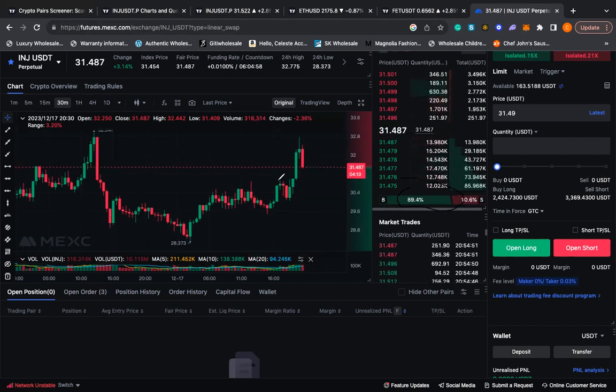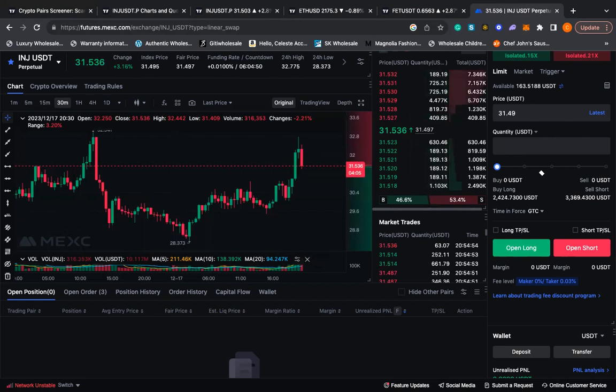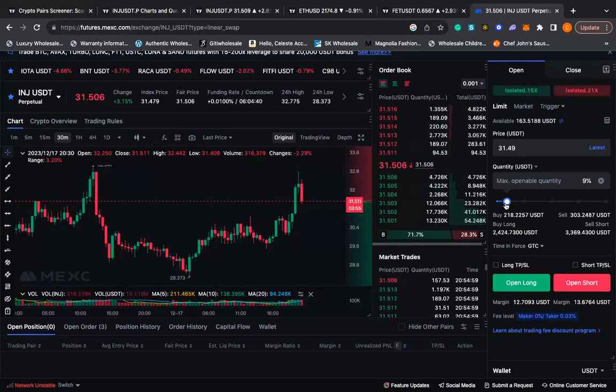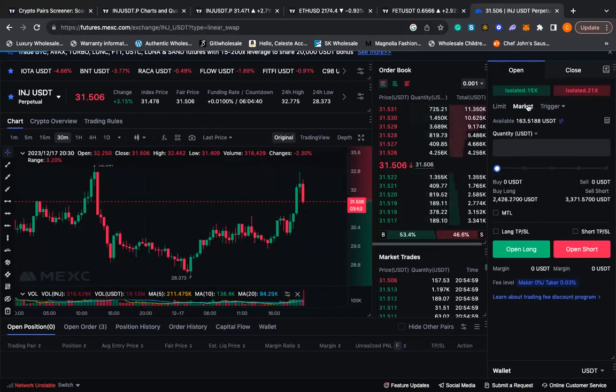Now, when shorting the market, I'm going to get into this play just for educational purposes. When shorting this market, the way I would actually play this market right here is I would say, okay, let me do a 9% market order or 10% market order.